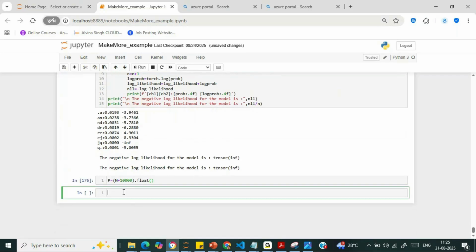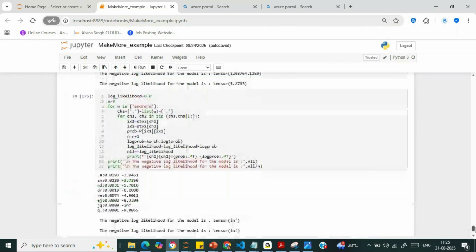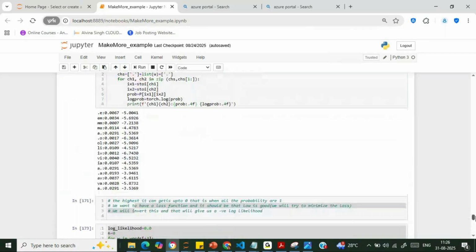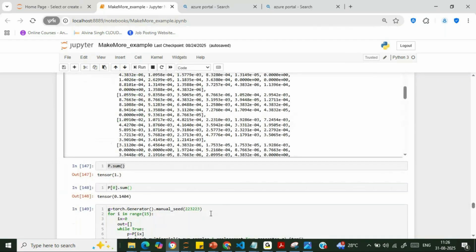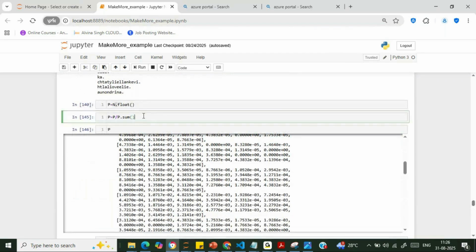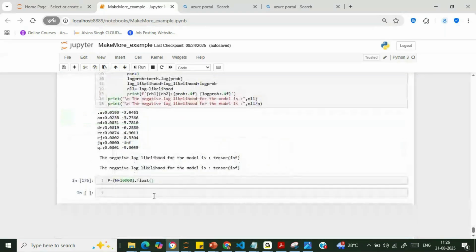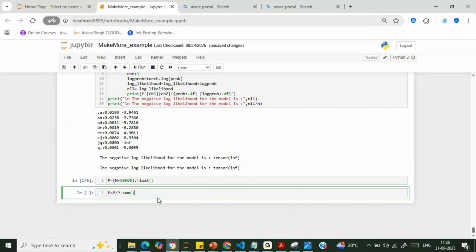So if this is there, let me try to copy. p equal to p dot sum, and I can do 1 and keepdim equal to true, keep dimension true.